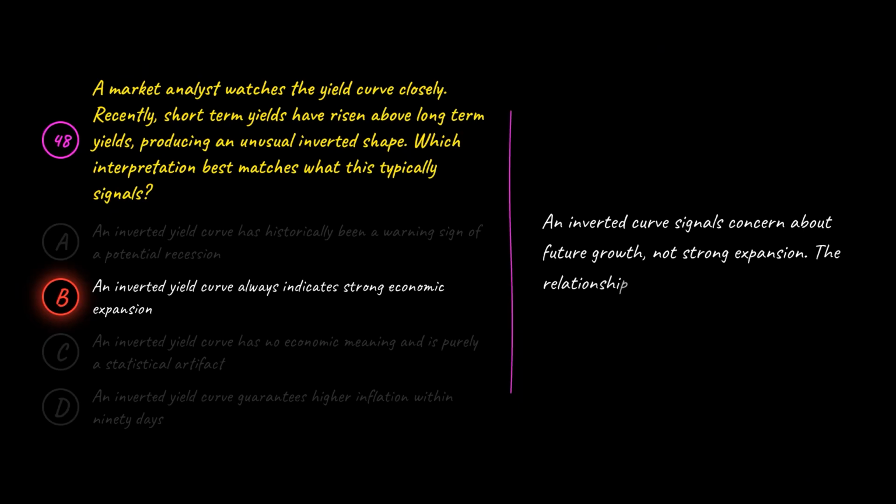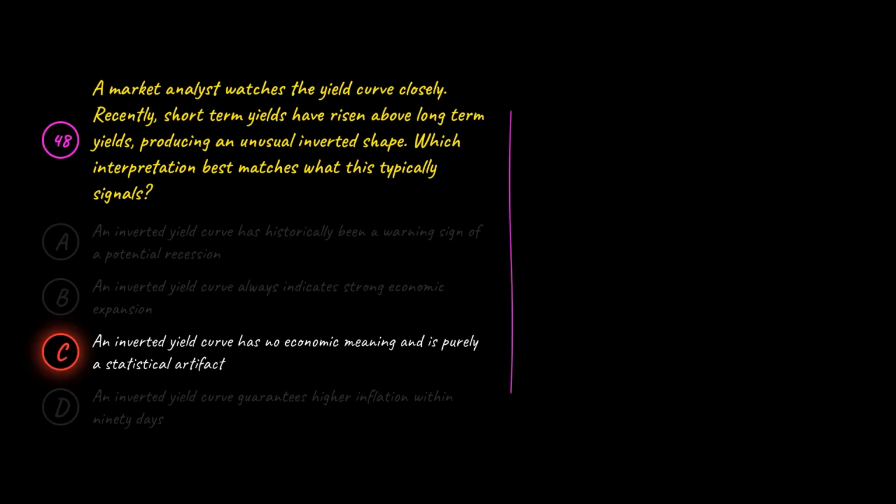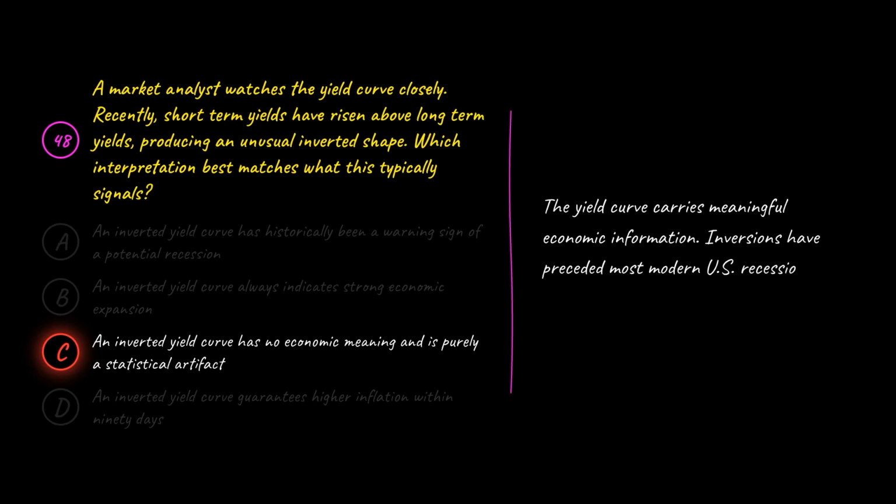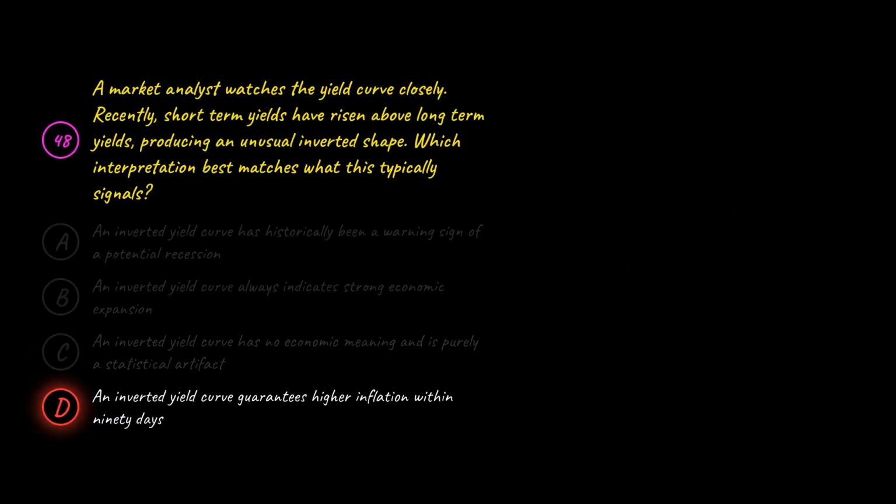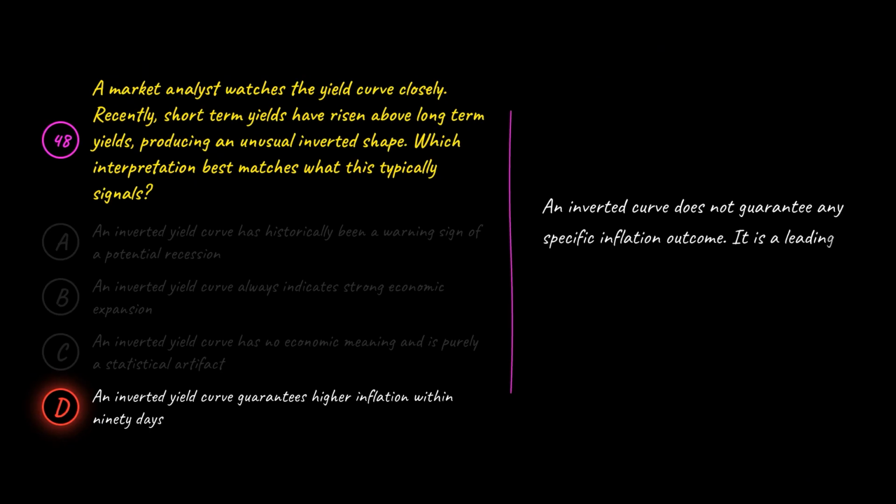The relationship is the opposite. C is wrong because the yield curve carries meaningful economic information. Inversions have preceded most modern U.S. recessions and are widely watched. D is wrong because an inverted curve does not guarantee any specific inflation outcome. It is a leading indicator of growth concerns, not a precise inflation prediction.